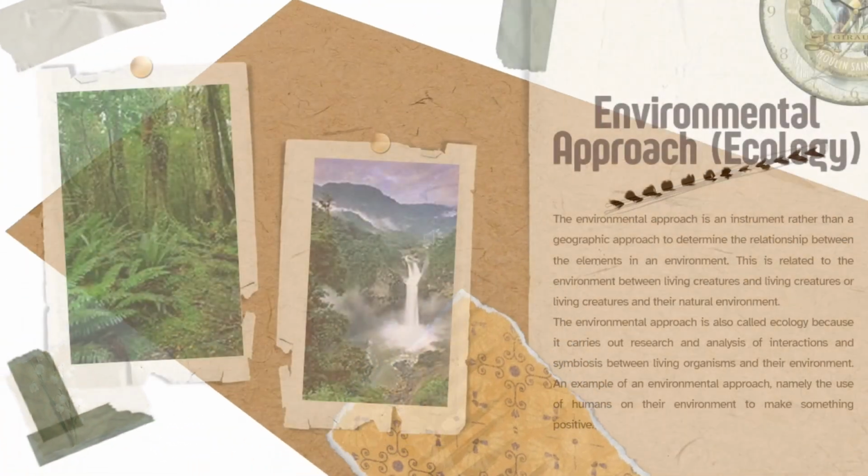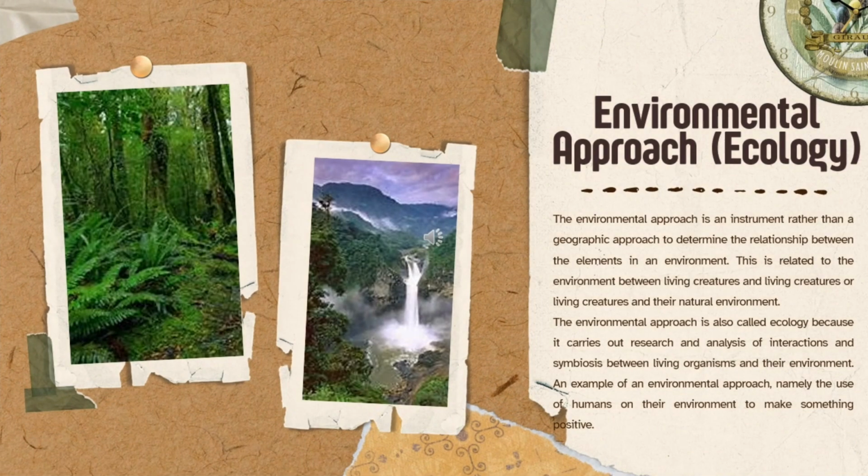Okay, next is the environmental approach, or ecology. The environmental approach is an instrument rather than a geographic approach to determine the relationship between the elements in an environment. This is related to the relationship between living creatures and living creatures, or living creatures and their natural environment.